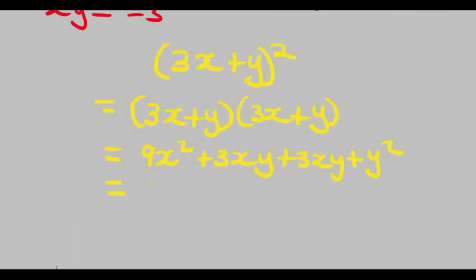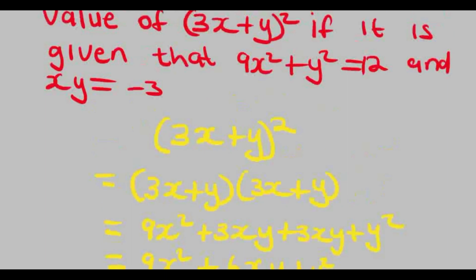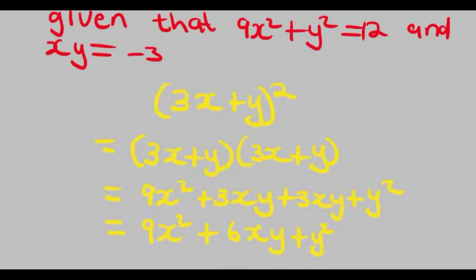Right, now we need to add the like terms. 9x² plus 3xy plus 3xy, that is 6xy plus y². But remember, we are told that 9x² + y² is equal to 12.